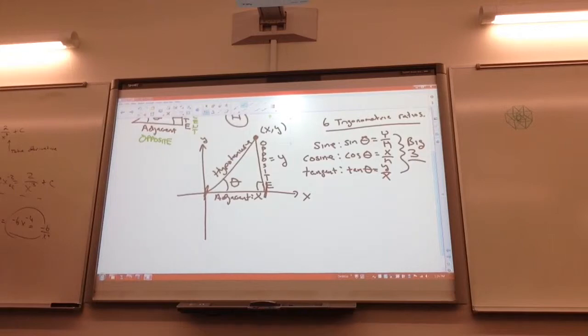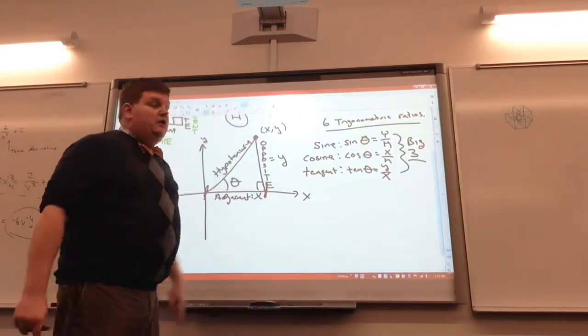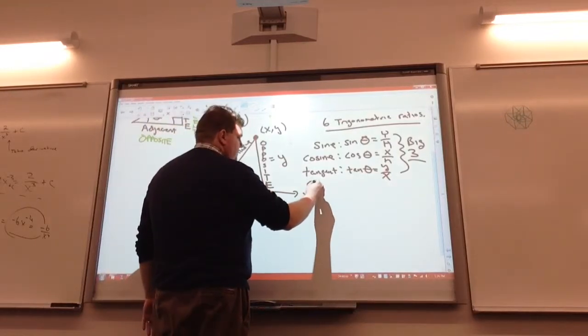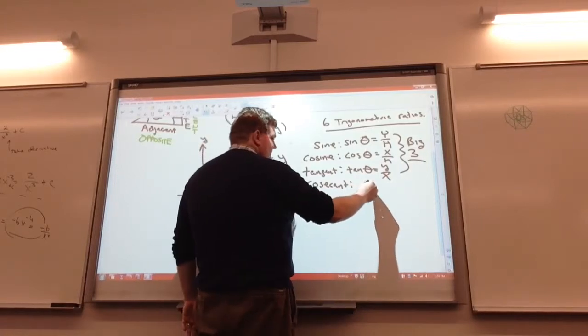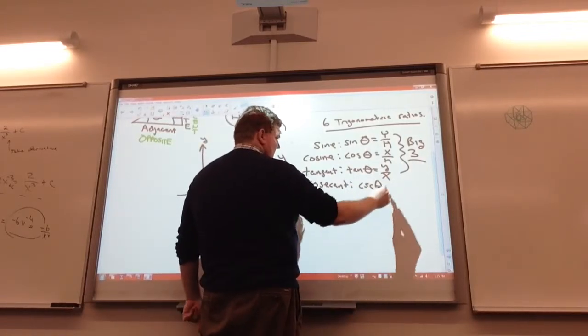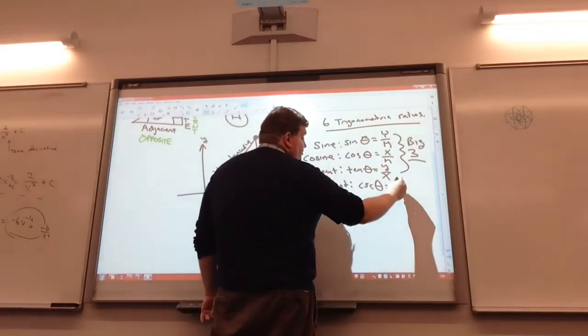There are actually 3 other ones, and the other 3 are actually the inversions, not the inverse, because the inverse is different, trust me. This is where things get kind of confusing with inverse. But they're basically all of these guys flipped upside down. So the first one's called the cosecant, abbreviated CSC, and it's the flip of the sine, so it's h over y.